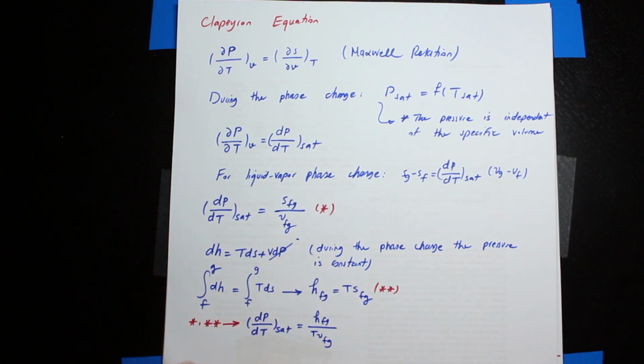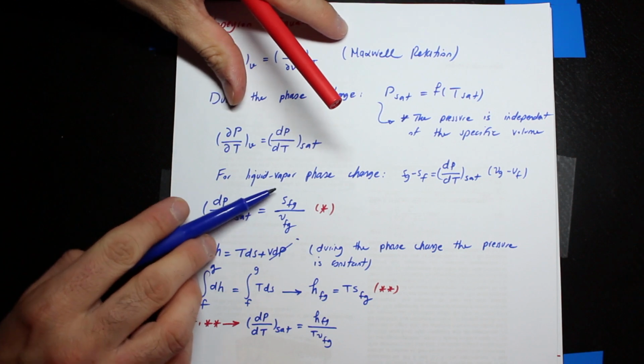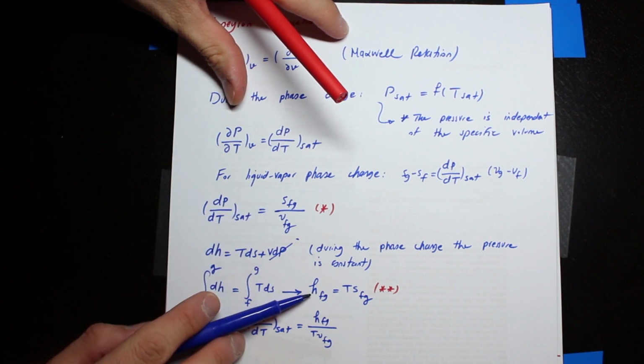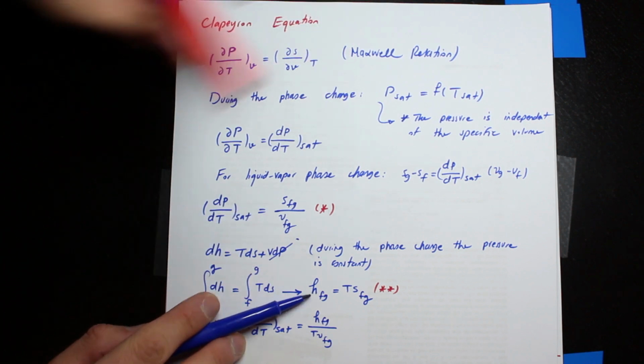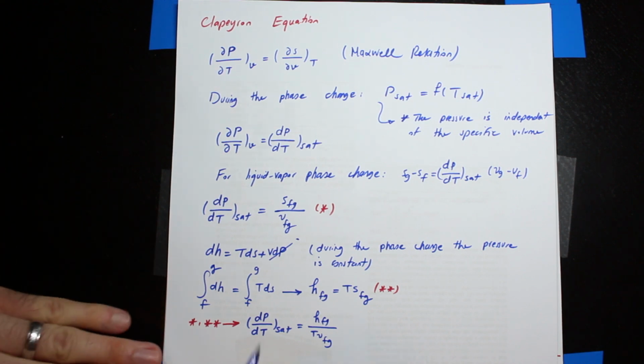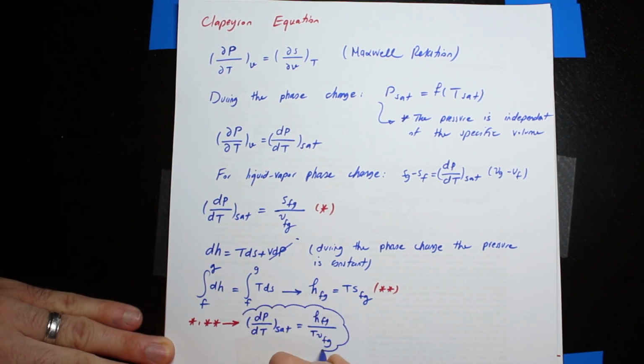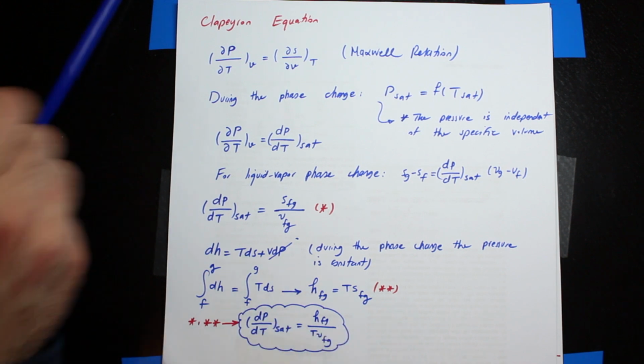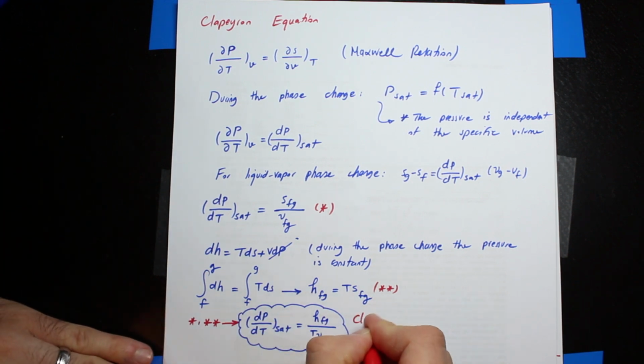So all I'm doing in this line is replacing Sfg with Hfg divided by temperature. So this equation is basically the Clapeyron equation.